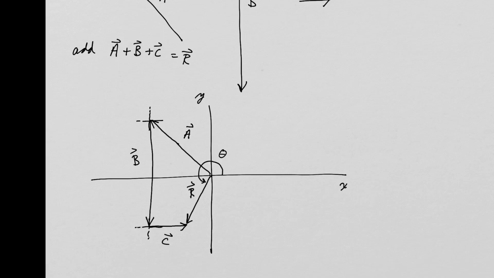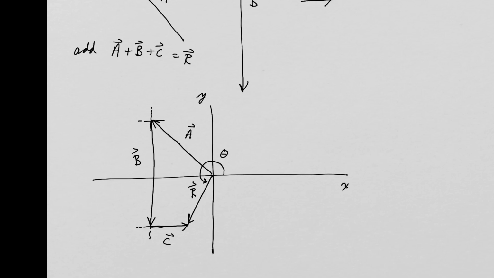How do we do this analytically? Well, to add vectors analytically, mathematically, all you have to do is add the components together. That's why it's so important to find the components of each vector.